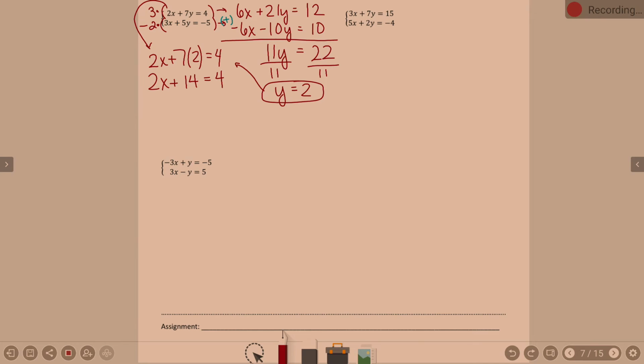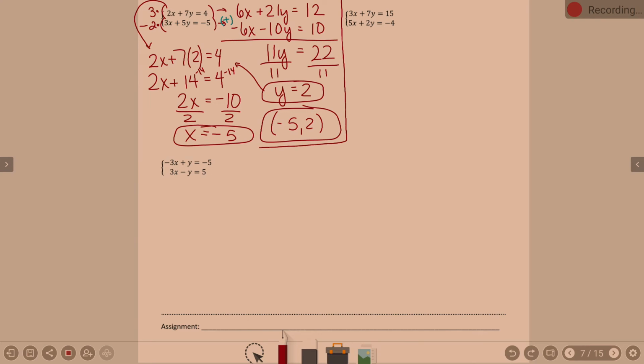If it's 2x plus 14, I'm going to subtract 14. 2x equals negative 10. Divide by 2, and x is negative 5. Final answer of negative 5, comma 2.